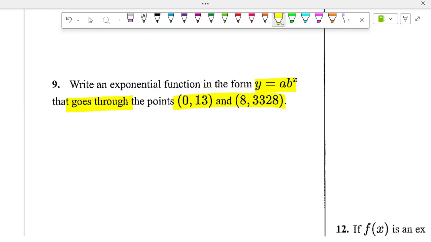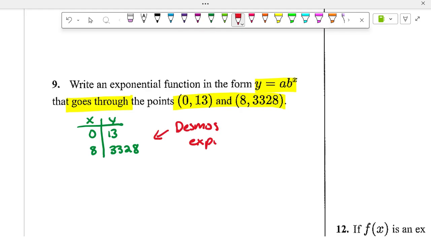As long as we have 2 points, that's enough for a table, because all we can do is convert those points into a table. So you just separate the points in terms of x, y. So the first point, 0, 13, what goes under x? What goes under y? And you do the same thing for 8 and 33, 28. Then you put this table into Desmos, and once again do an exponential regression.